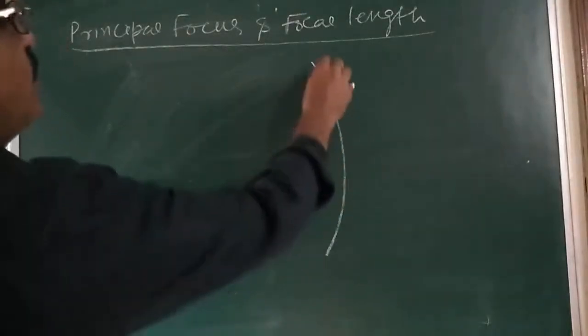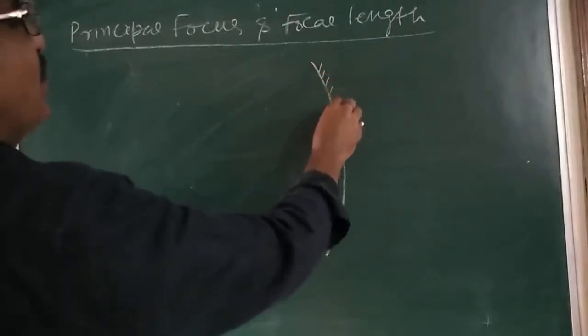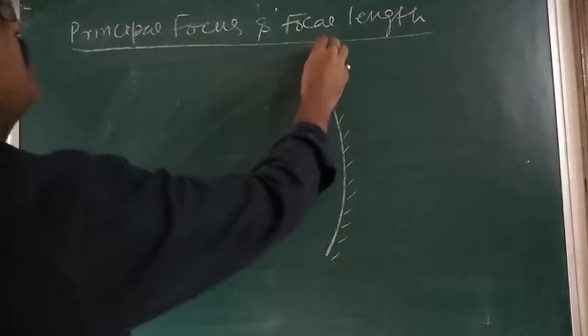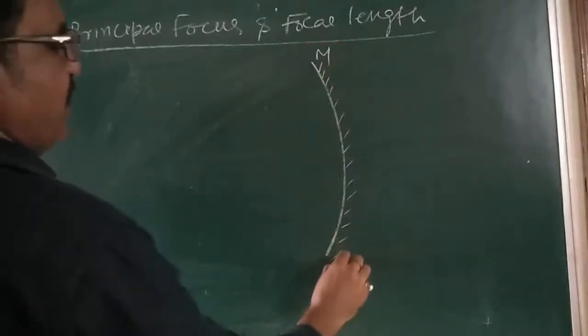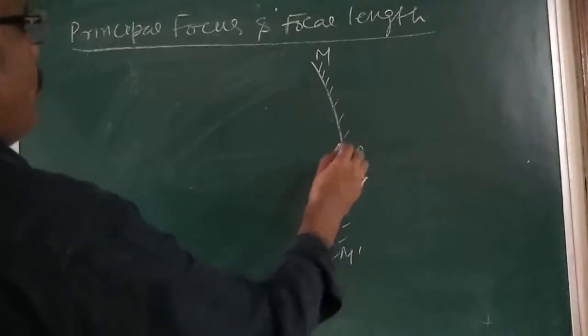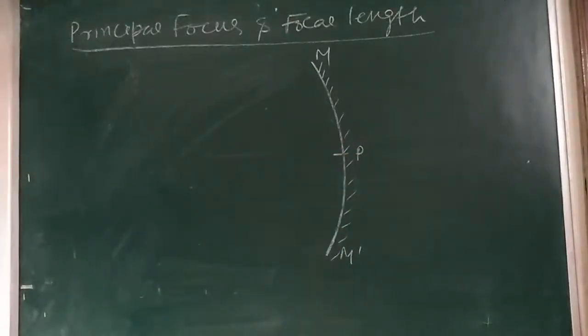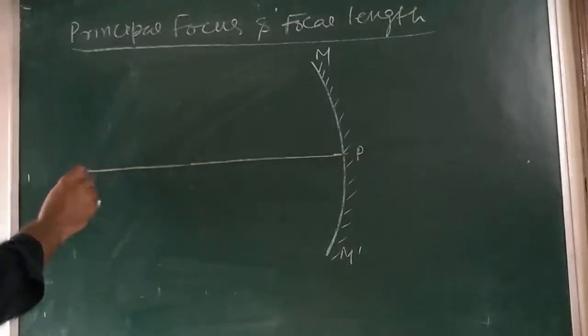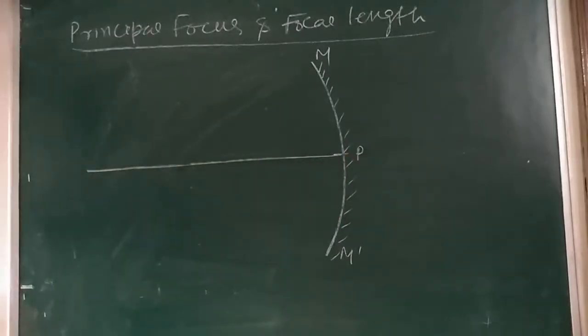This is our concave mirror. This is our aperture. This is our pole. And this is our principal axis.